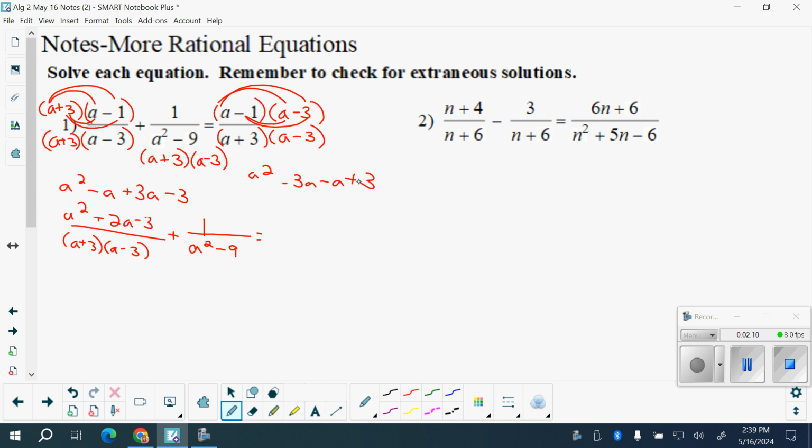And so some of you do that in your head and add the 2 terms together. Fantastic. I just write it out because I want to make it clear for everyone. So now adding our like terms, we have a squared minus 4a plus 3.